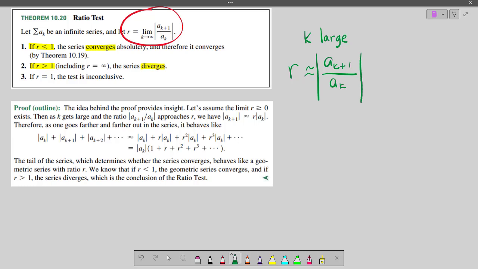If the limit is R, that means this ratio is getting closer and closer to R. So if you're way out there, this ratio is about R. And if you multiply both sides by the absolute value of a sub k, you would get that R times the absolute value of a sub k is about equal to the absolute value of a sub k plus 1.